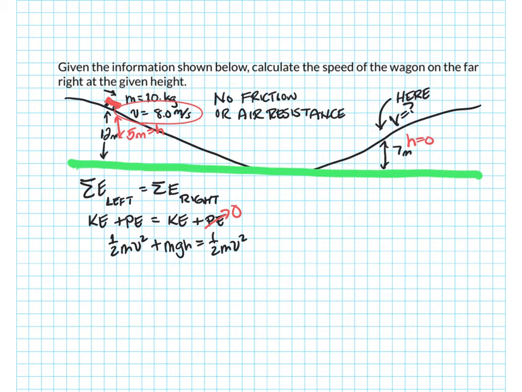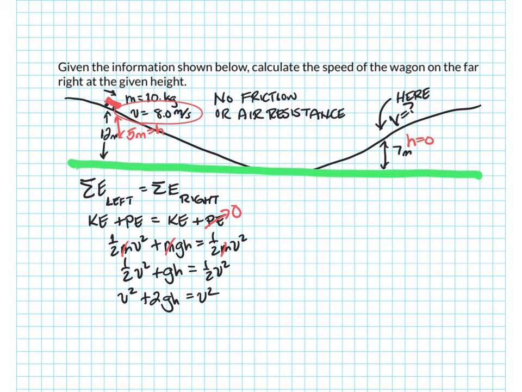So I look at this and I can see the masses are going to go away. Mass, mass, mass. That leaves 1/2 v squared on the left plus gh on the left equals 1/2 v squared on the right. To isolate my v on the right, I'm going to multiply both sides by 2. So 2 times 1/2 is just 1. That leaves me with v squared on the left plus 2gh equals, well, 2 times 1/2 is 1, so that leaves me with v squared on the right.